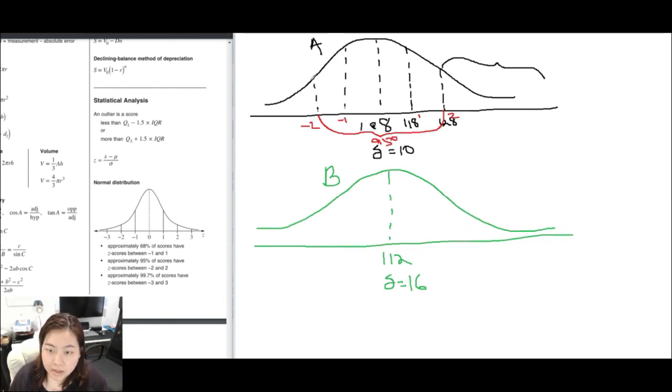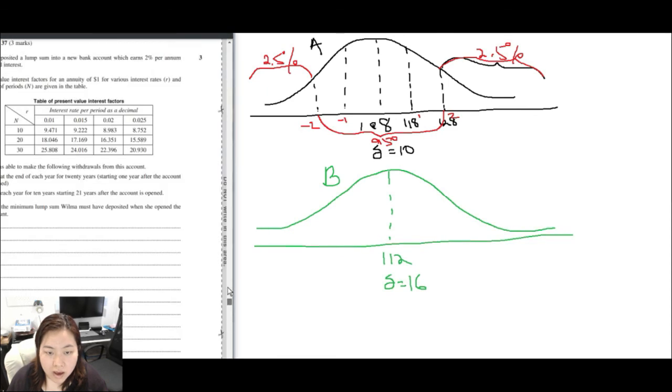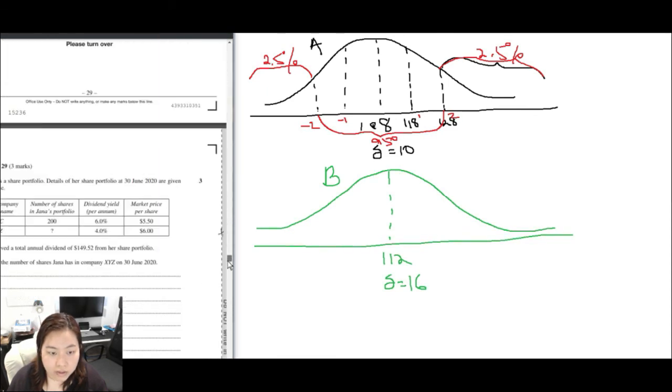Therefore, this end and this end are both 5% added together to make up the other 5% of the population, which means over here is 2.5% and over here is 2.5%. Therefore, 2.5% of the people have a higher IQ than Yin.